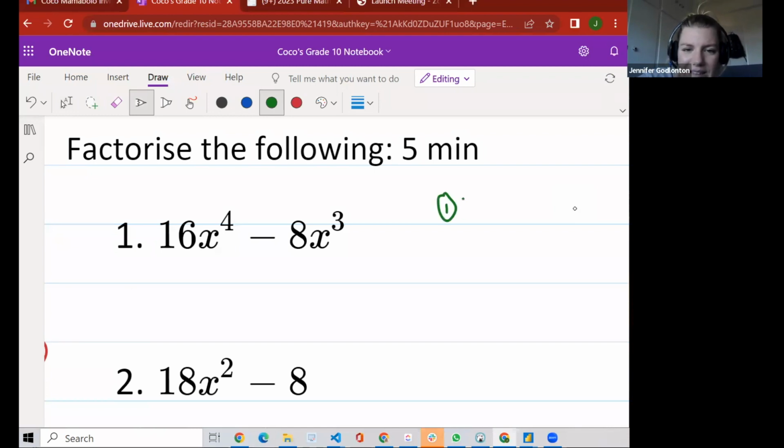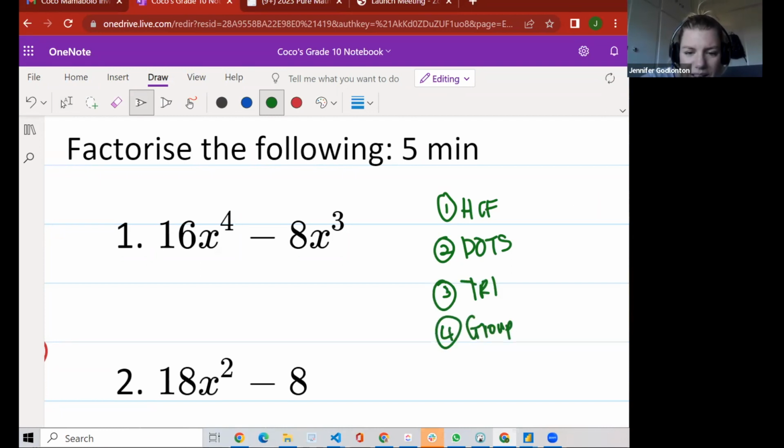Just going to write our little steps here. We first want to look for a highest common factor. Then we want to see if we have difference of two squares. We want to see if we have a trinomial. We want to see, do we have grouping? And we want to look and see if we have sum or difference of cubes.